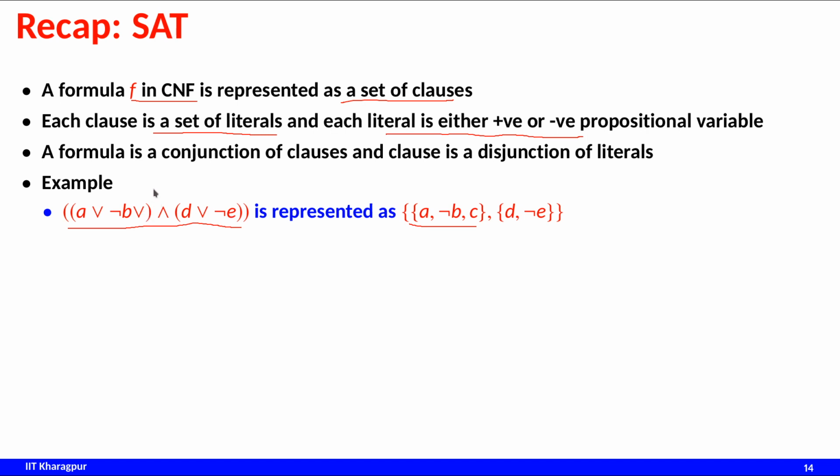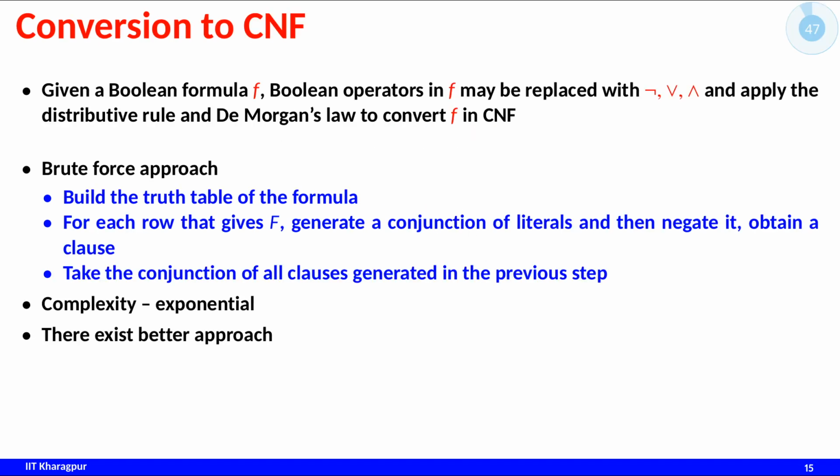I missed C here. So this is the representation in the CNF form. Now we have to convert this Boolean formula into CNF. If you have other Boolean operators, they can be replaced with negation, OR and AND operators by using the distributive rule and De Morgan's law. We cannot directly convert, but eventually it can be converted into CNF.